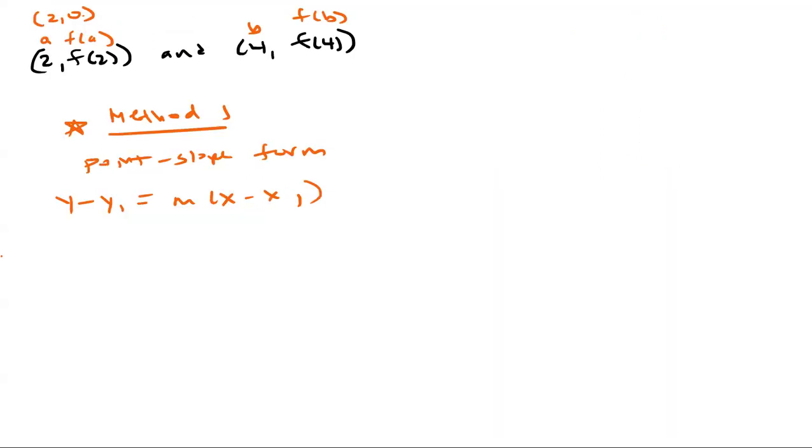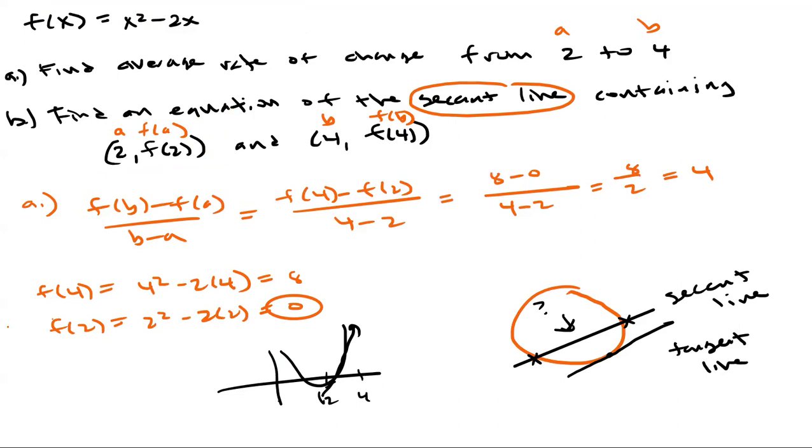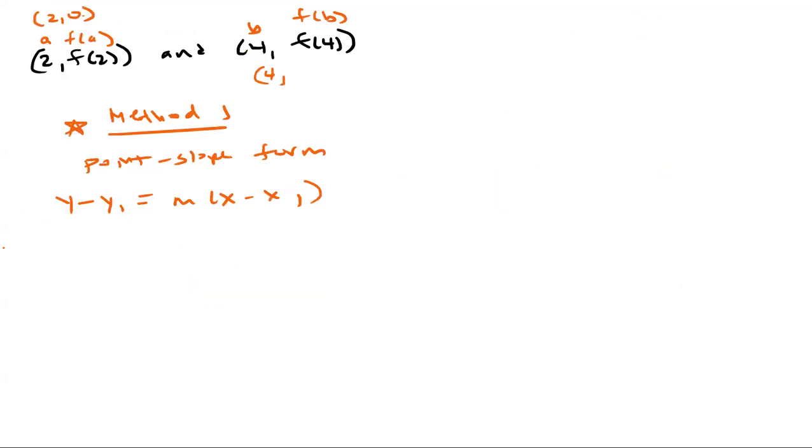So that's one coordinate. And this one here, f of 4. So we have 4, f of 4. So f of 4, we found out was 8. So f of 4 is 8.